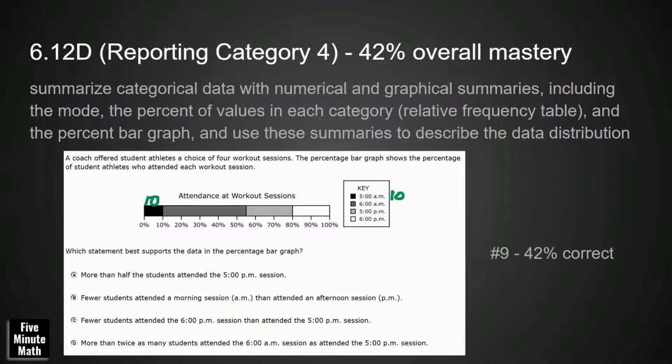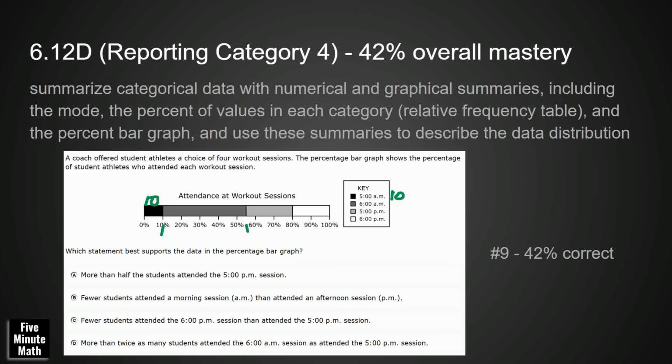This is where a lot of students struggle because a percent bar graph is new for sixth grade. They haven't seen it before. And so if they're not used to it, they might miscalculate. Take a look at this 6 a.m., this dark gray. It goes from 10 to 55.